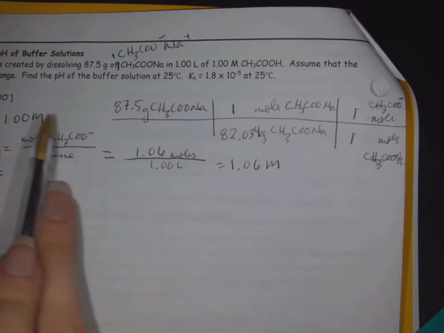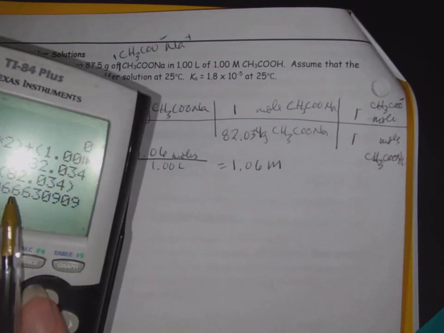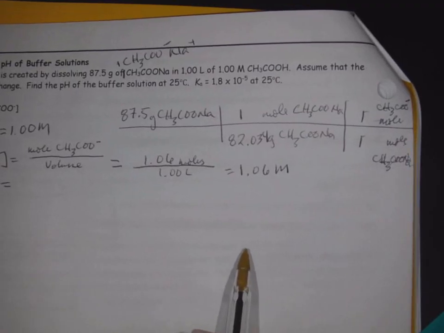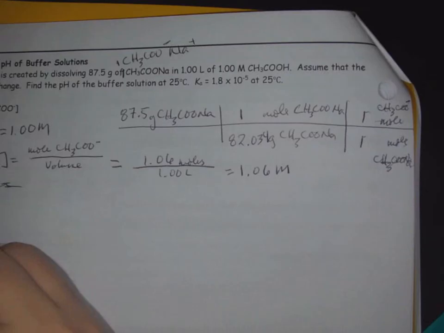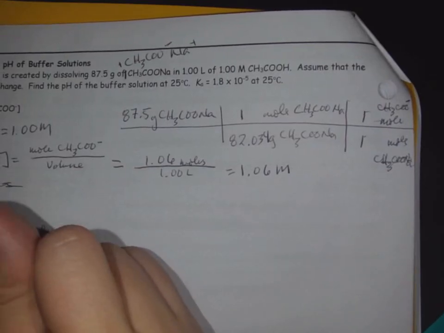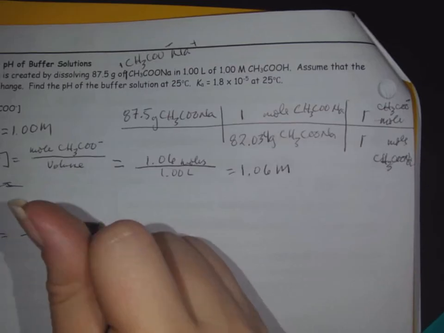Okay, so I have a 1 and I have a 1.06. I have a longer number, and I'm holding on to that longer number. And then they tell us the Ka. All right, I'm going to scoot this guy down here. pKa is equal to the negative log of that Ka value.